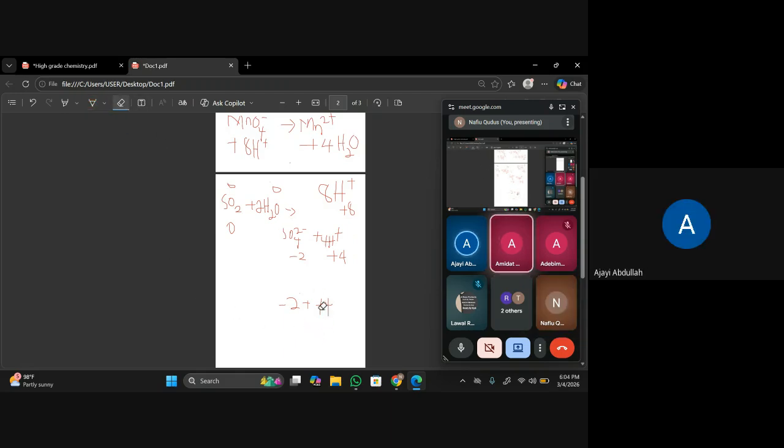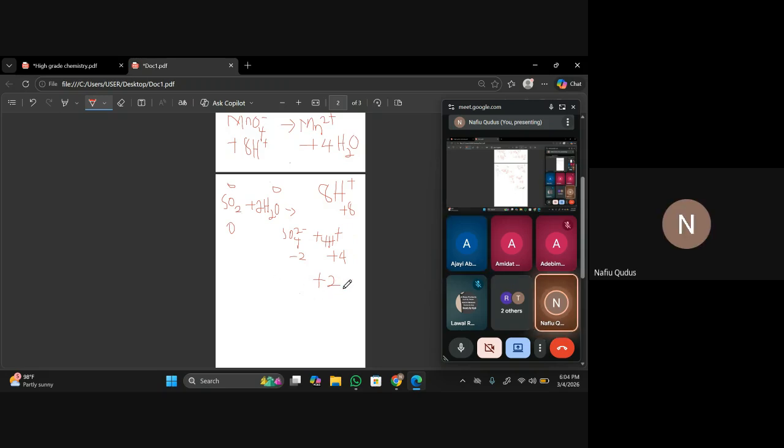Are the ion numbers of both reactant and product the same? At this side we have 0, at this side we have +2. They are not the same, right? Now, in this case, electron can now enter.